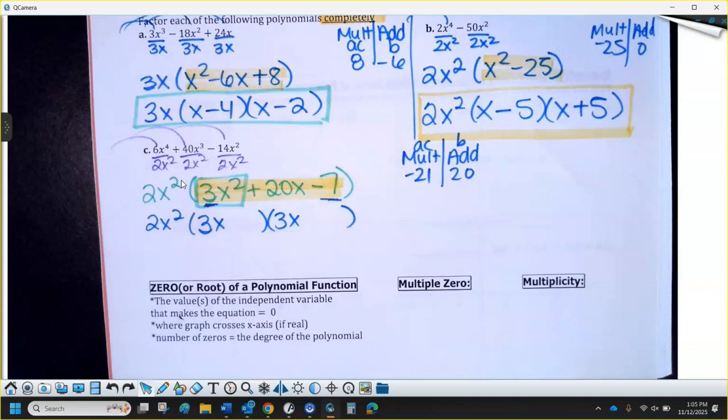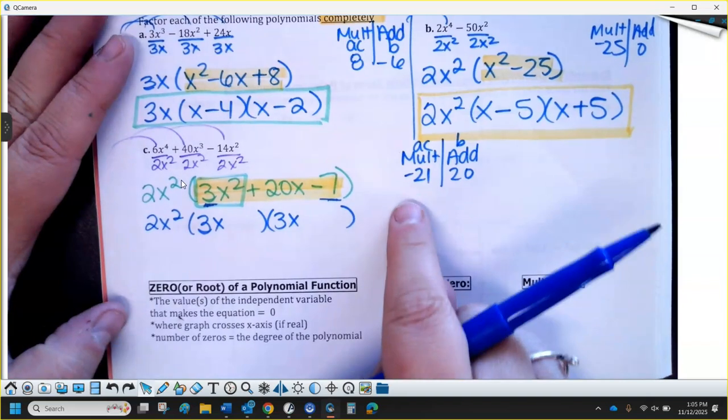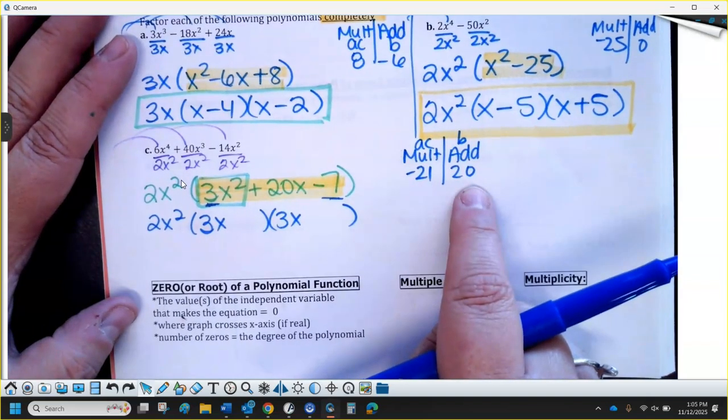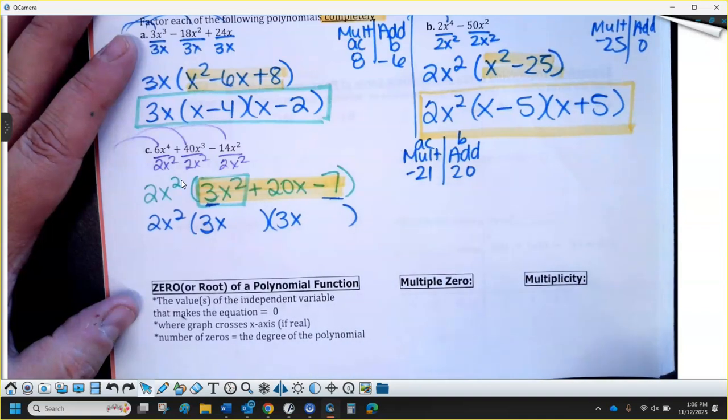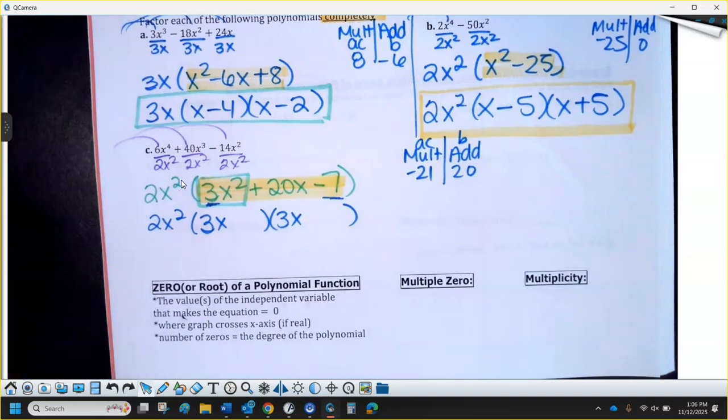Then we're going to fill those factors in with numbers that multiply to get -21, but add to get 20. Can we think of 2 numbers that could make that happen? What do we think? I feel like somebody said it. Yes, okay.